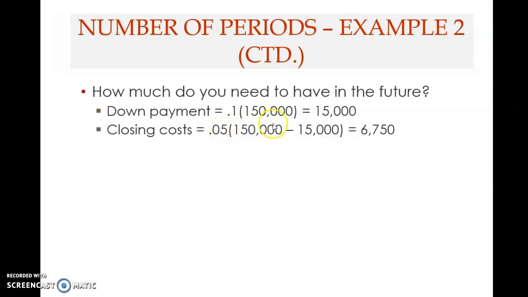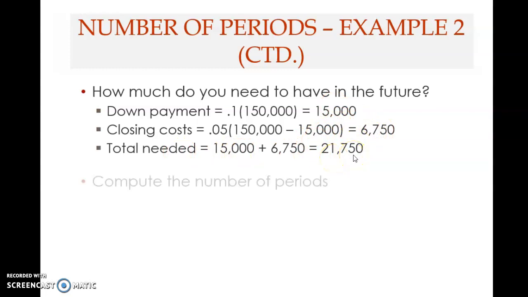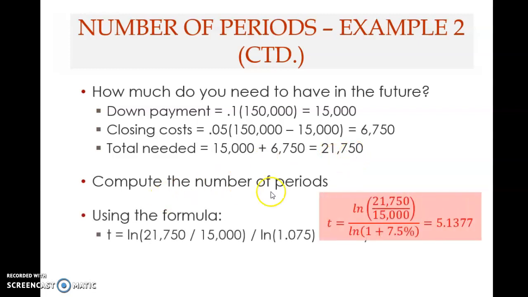So 5% multiplied by the difference between these two. This is the loan for the housing. So you get 6,750. When you add these two, you get this value. Total needed will be 21,750. Alright. So compute the number of periods.